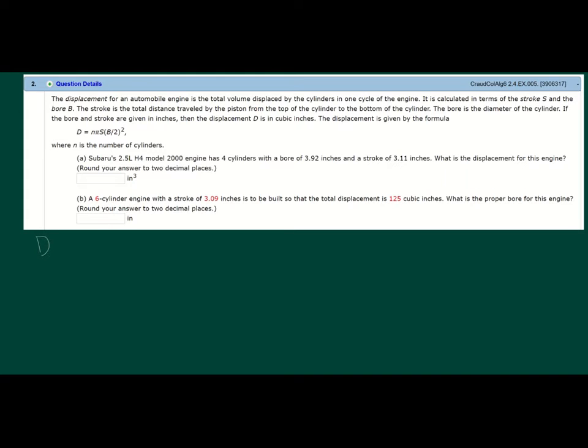In the formula, you see d, n, pi, which is just a number, that's not a variable, a capital S, a capital B. All of those have distinct values or act as variables in the question. So what we can do is just make a note of what each of these things represent in the physical world.